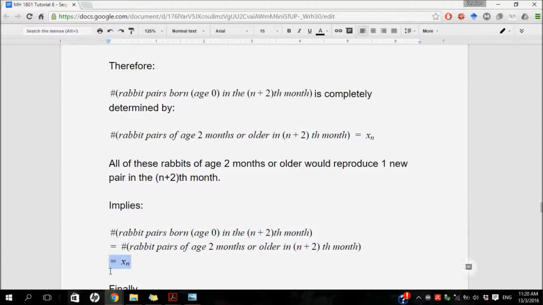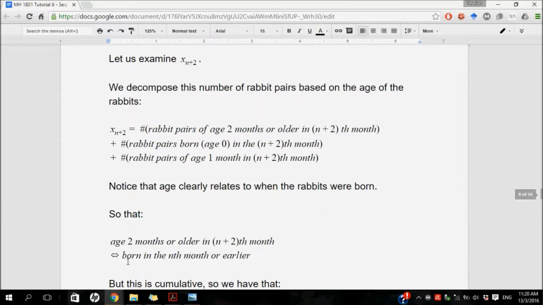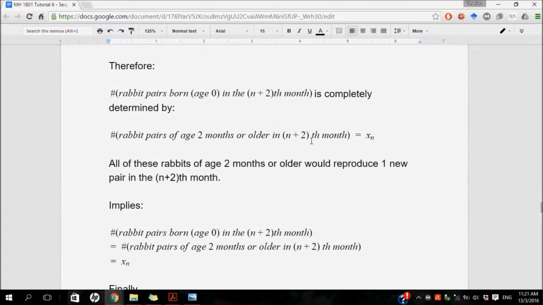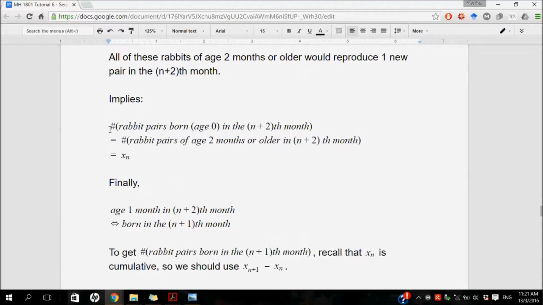That is to say, it is equal to xn. So that shows us that we have obtained yet another part of our decomposition. This number is equal to xn and is completely determined by the number which we calculated here, those of age 2 months or older in the n plus 2th month. Okay, so that will give us this number, and that is what you see here. Those born in the n plus 2th month, the number of them would be xn.